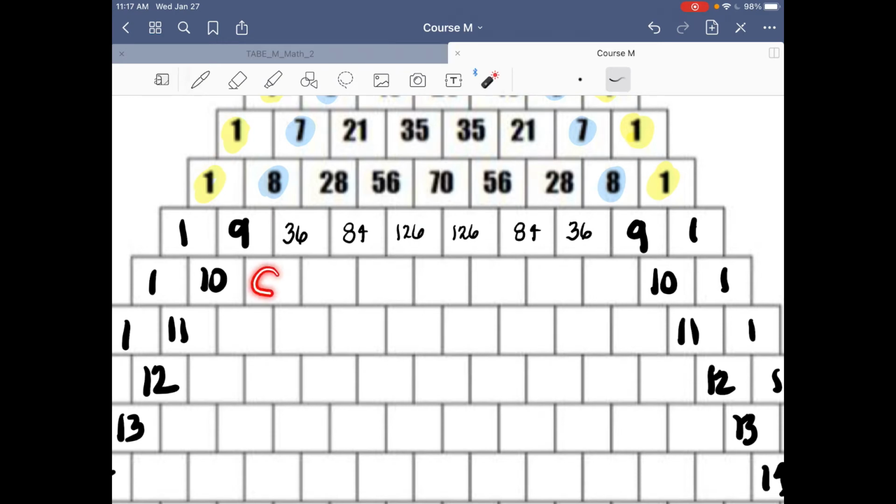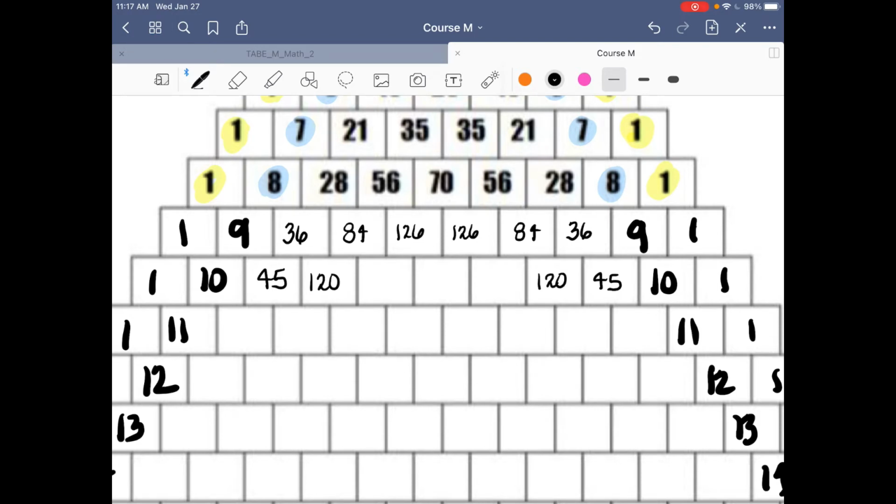Okay, to get this cell, we need to add 9 and 36. 9 plus 36 is 45, and that also sits over here. 84 and 36 will be 120, so put that one in twice.